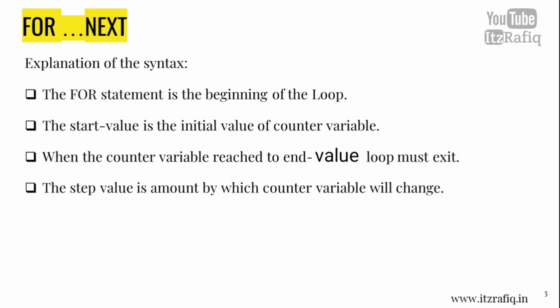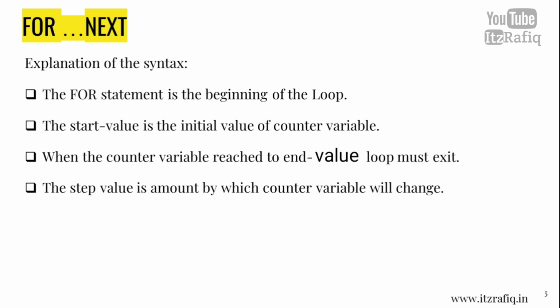Suppose we put the step as 2, like we have defined FOR counter = 1 TO 10 STEP 2, PRINT counter. Then the output will be 1, 3, 5, 7, 9.